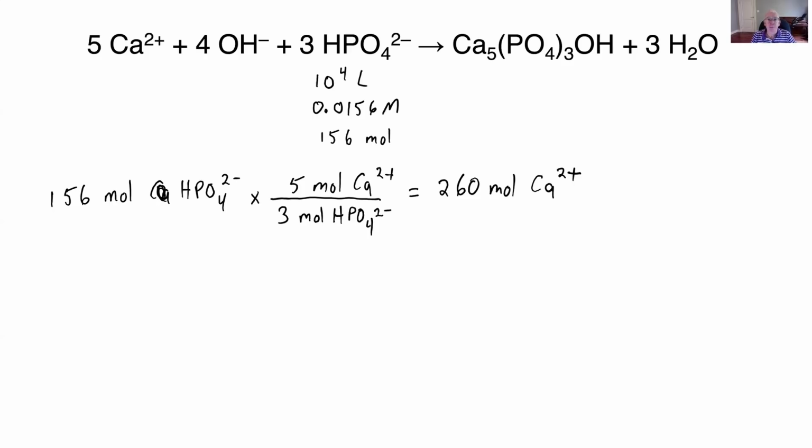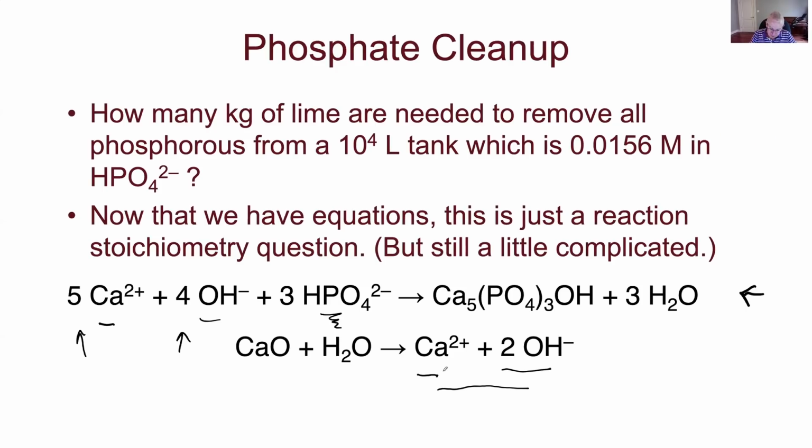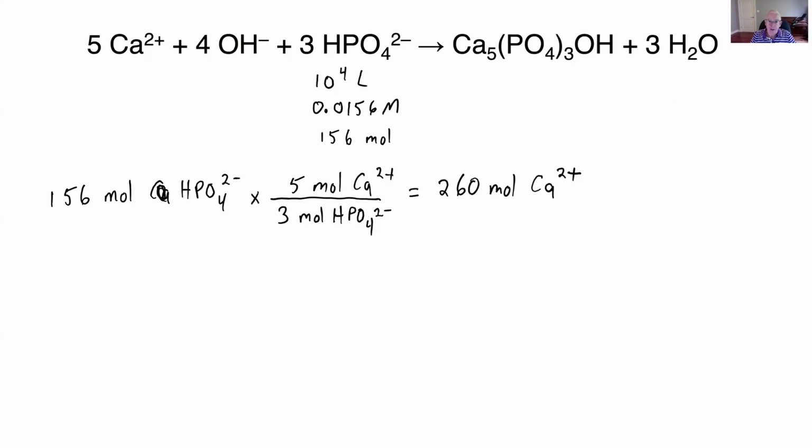If I flip back for a second, we can remind ourselves that the calcium ions come here, right? And I get 1 mole of calcium ions for every 1 mole of calcium oxide. So the number of moles I need are going to be the same. If I need 260 moles of calcium ions, that will also tell me that I need 260 moles of calcium oxide.